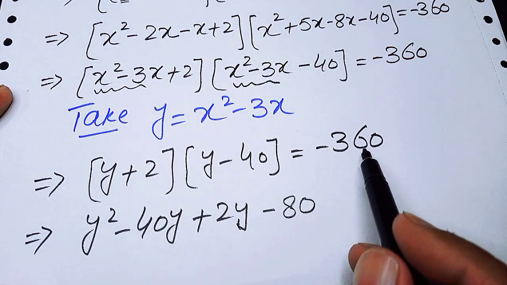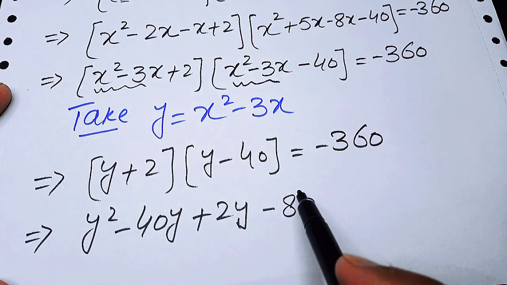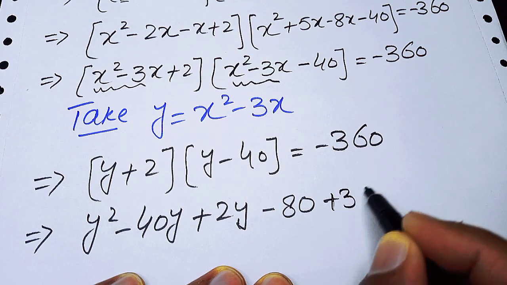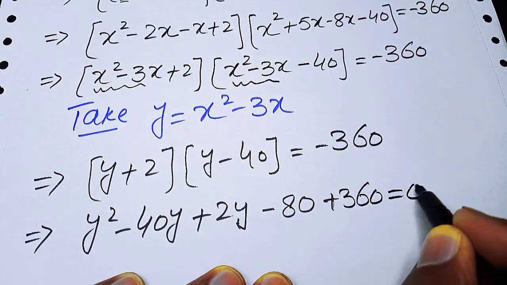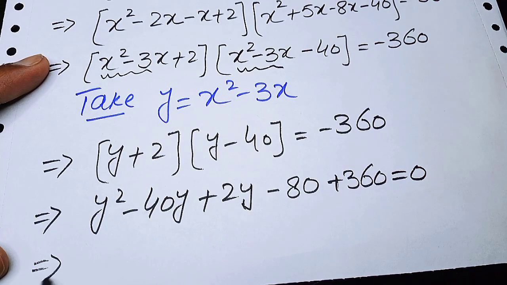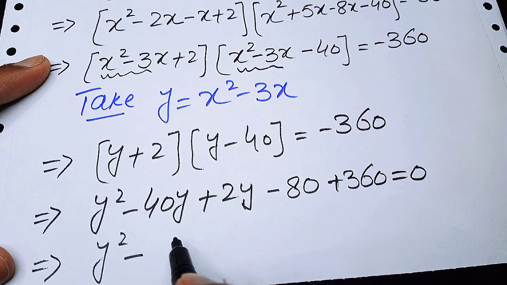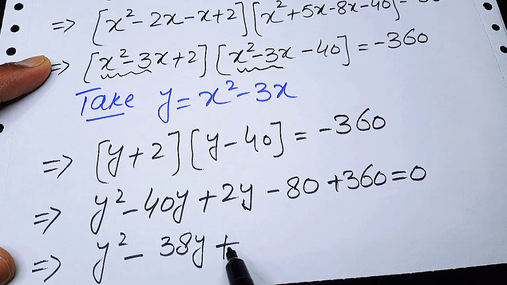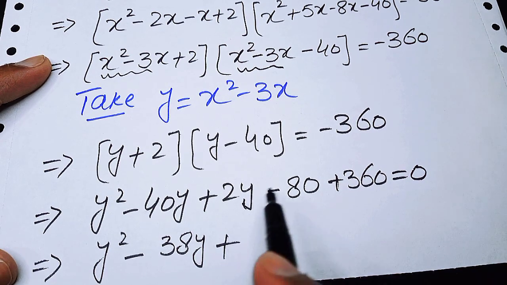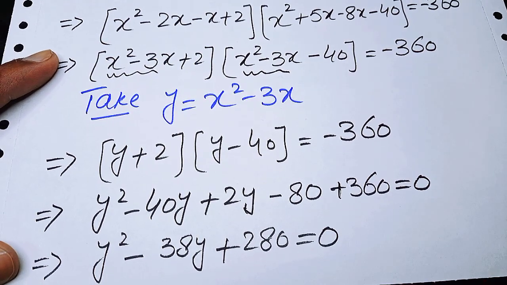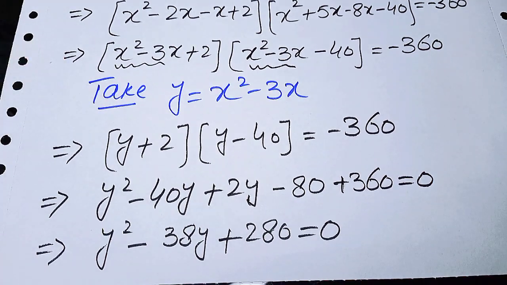Now we take the -360 to the left-hand side, so it becomes +360 = 0, and with -80 it becomes y² - 38y + 280 = 0. So it becomes a quadratic equation.